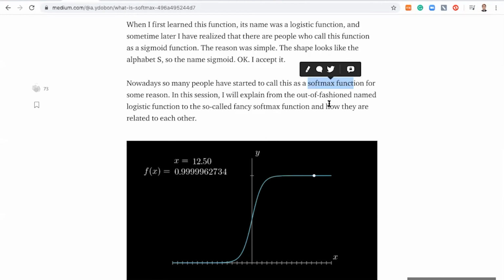But the softmax terminology is so widely used in machine learning that students at young ages think of it as the softmax function, but the original name is logistic.